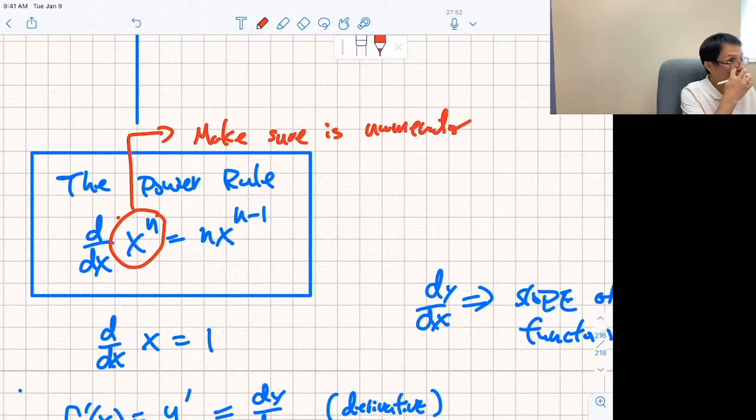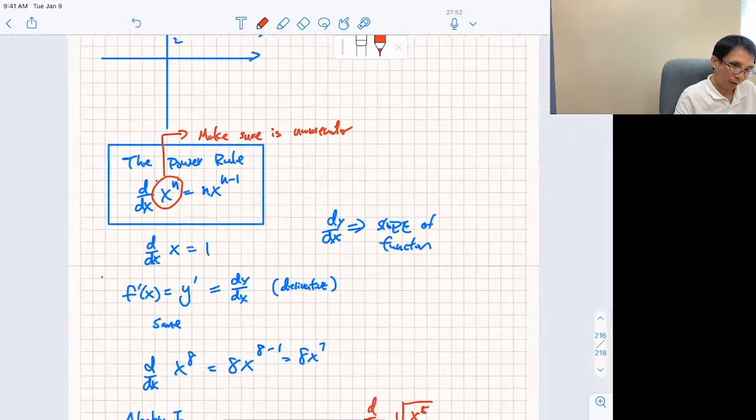It doesn't work with 1 over x squared. It only works if you move it to the top so you can take a derivative. So x to the n has to be in the numerator, not 1 over x squared. I'm going to show you how to do 1 over x squared though.